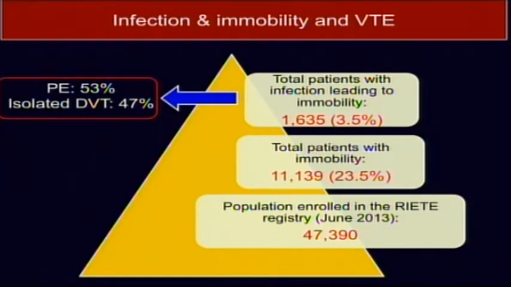And when you see the incidence of pulmonary embolism and DVT in these patients who had an immobilization due to an infection, you see an incidence of PE of 53% and an incidence of isolated DVT of 47%. So I think the doubts that inflammation, that infection is related to venous thromboembolism, these doubts shouldn't exist anymore.